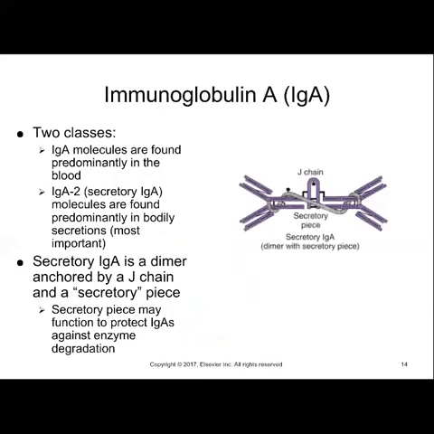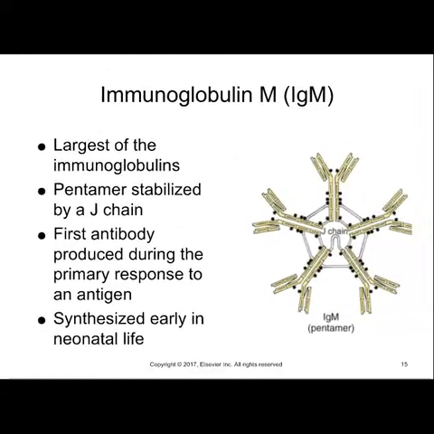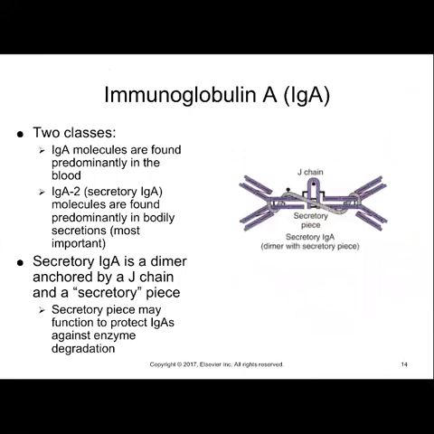IgA has 2 classes, but these are found predominantly in the blood. Sorry, IgA2 are molecules that are in body secretions. These are actually the most important. IgA occurs as a dimer, meaning 2. So here's one molecule, here's 2.